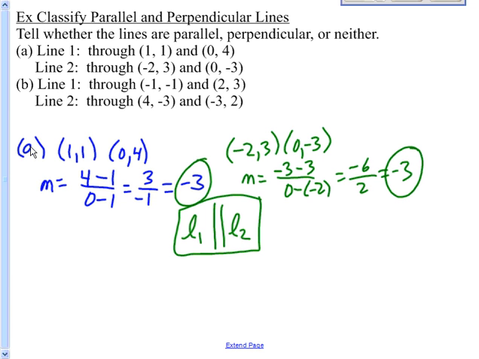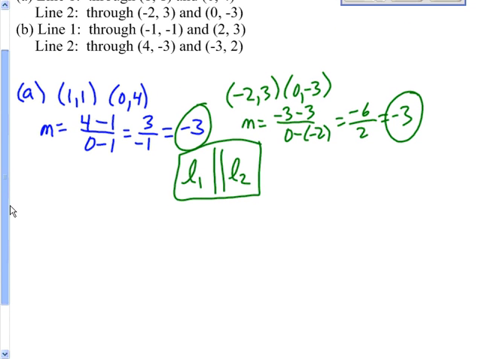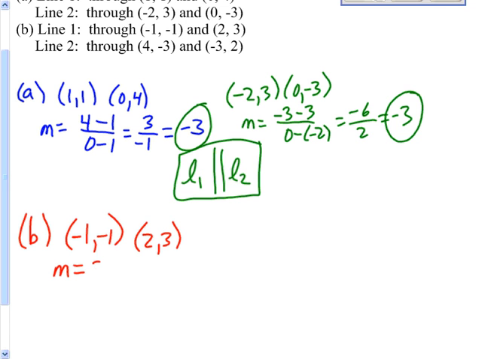And of course you could plot the points and you could see that, but that's your verification there that they are. All right, part B here. Now you got this line, -1, -1, and 2, 3. Let's find this slope, 3 minus the -1, y2 minus y1 over x2 minus x1.